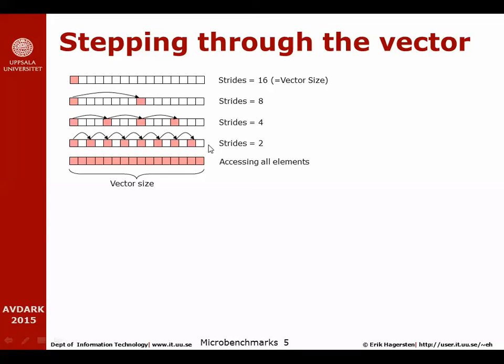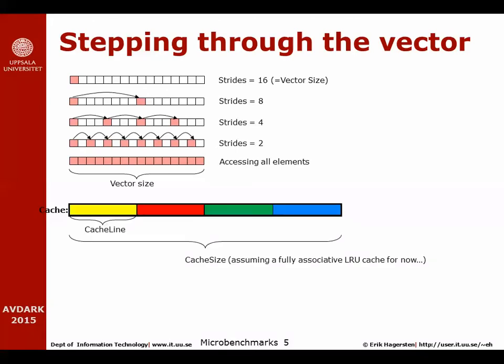We measure the average access time, and we do this for a specific cache size, and we don't know what the cache size is. So the rule of the game is to figure out what the cache size is. For example, we could have a cache size, as in this picture, that is twice the vector size, and the cache has been divided into cache lines, where each cache line in this example is half the vector size.